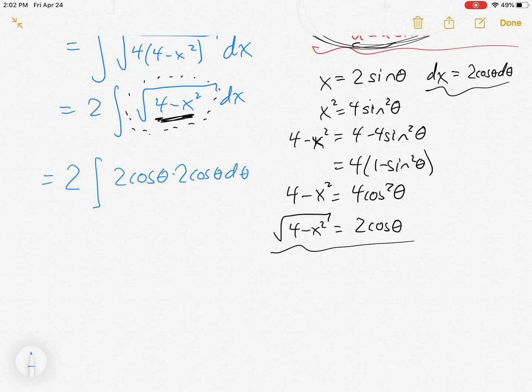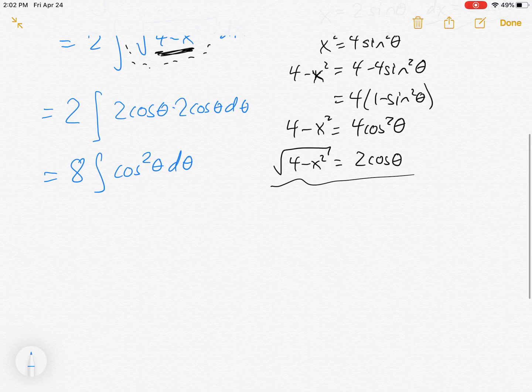And really nicely, well, it seems nice, we simplify this down to 2 times the integral of 2 cosine theta times 2 cosine theta d theta. The 2's come out to become an 8, and we have cosine squared. Like, oh wow, what a great thing. But cosine squared is not so easy to integrate. We talked about this back in 8.3 with the trig power integrals. We actually have to do an identity at this point.